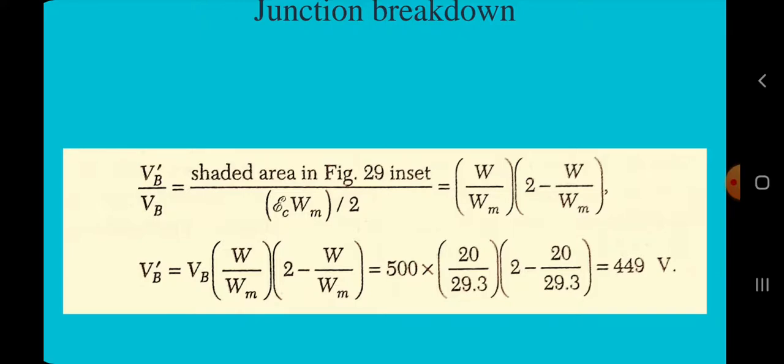Another important consideration of breakdown voltage is the junction curvature effect. When a PN junction is formed by diffusion through a window in the insulating layer of a semiconductor, the impurity is diffused downwards and sideways. Hence, the junction has a plane or flat region with nearly cylindrical edges, as shown over here.